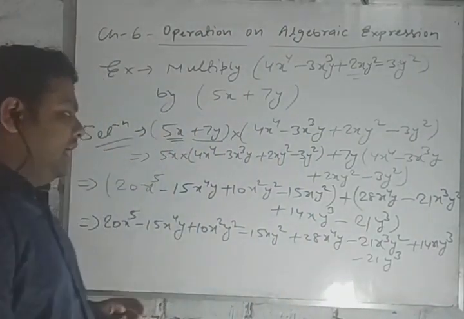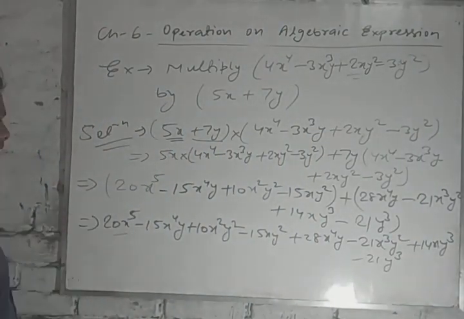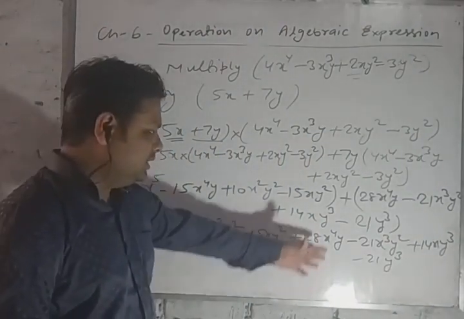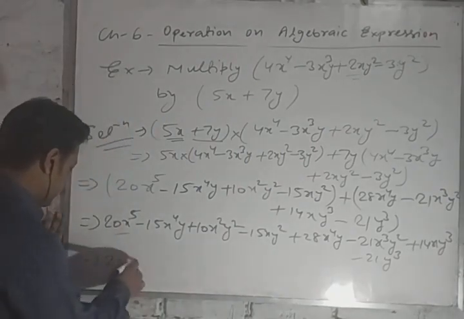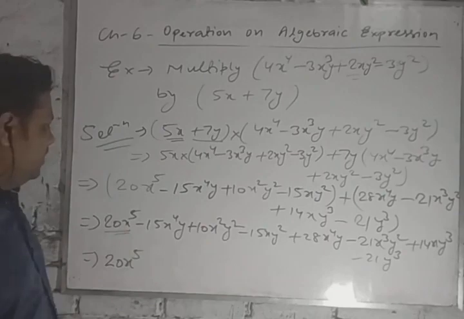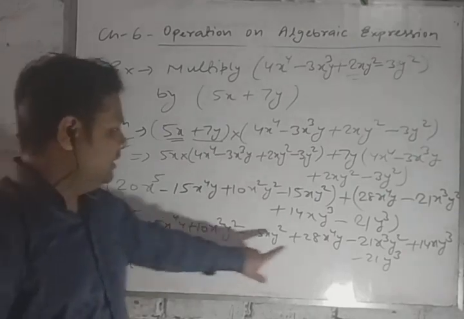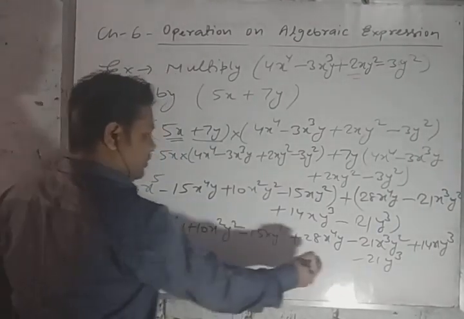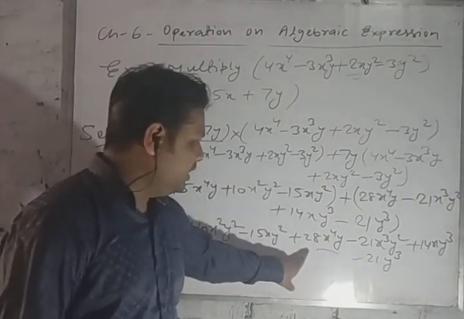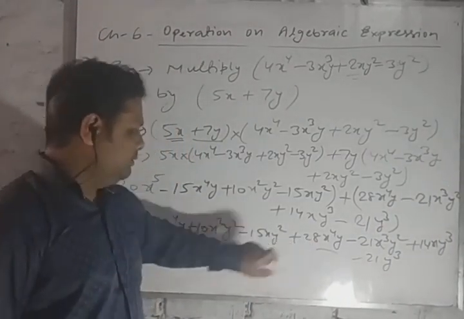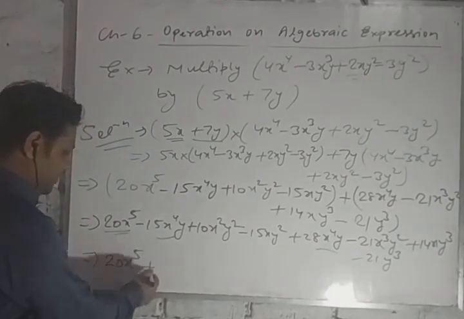Now see all the like terms. Here x to the power 5: there is no other such term, so directly we will write 20 x to the power 5. This one is over. Now x to the power 4 y: these two are matching. Which one is greater, 15 or 28? 28 is greater and 28 is positive, so we will add a plus sign.